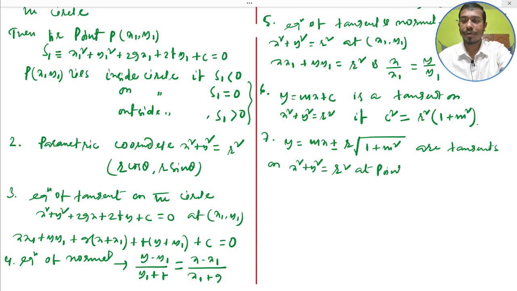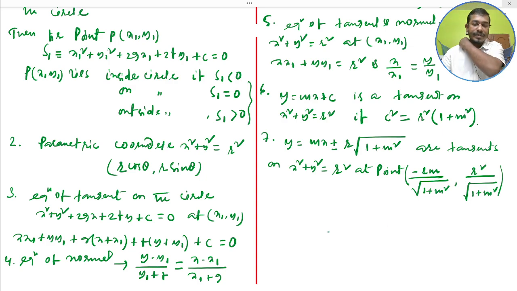The point is very important. This point is minus rm divided by root over 1 plus m square, comma r square divided by root over 1 plus m square. These are 2 points on the circle of the tangent of the line.